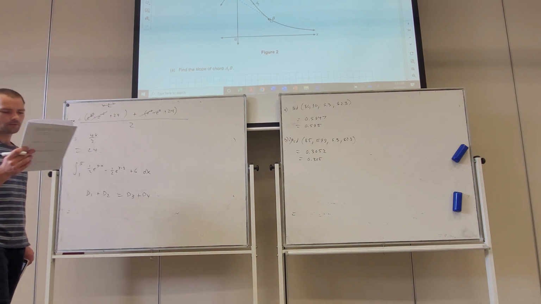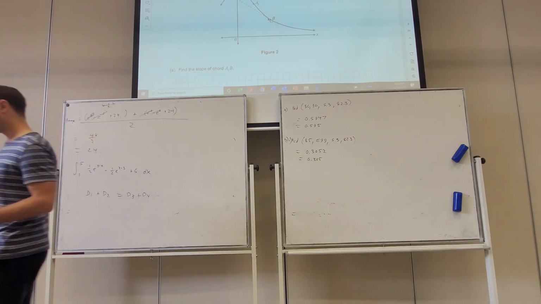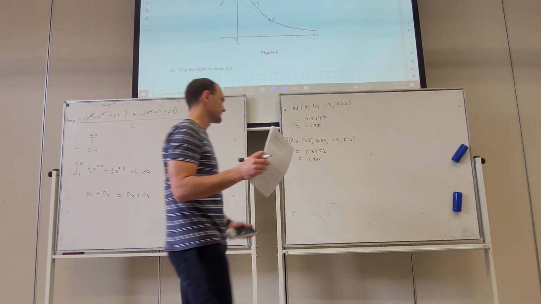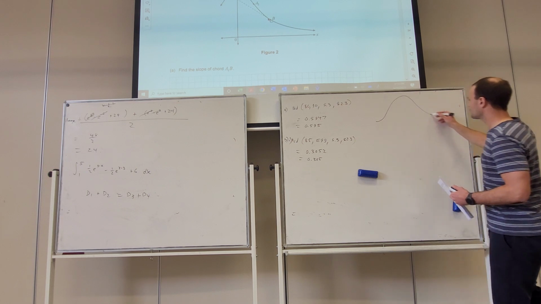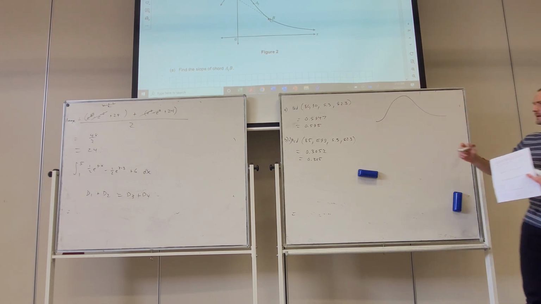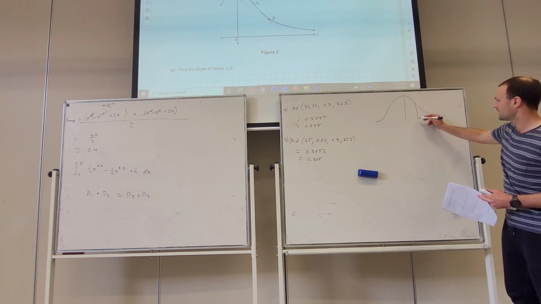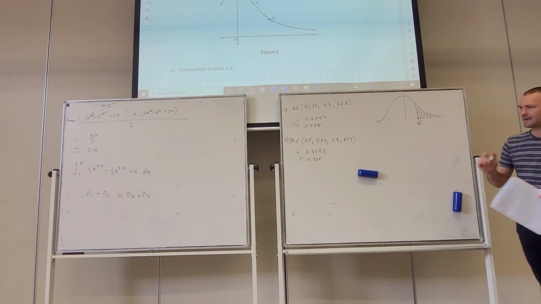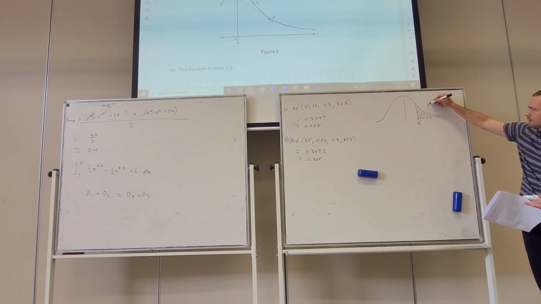Exactly half of the luxury-sized oysters weigh more than K grams. Find the value of K. Okay. So, here's the distribution of oysters, right? A mean of 82, and luxury sized are larger than 85. We found this area, and we found that the area here is 0.305.